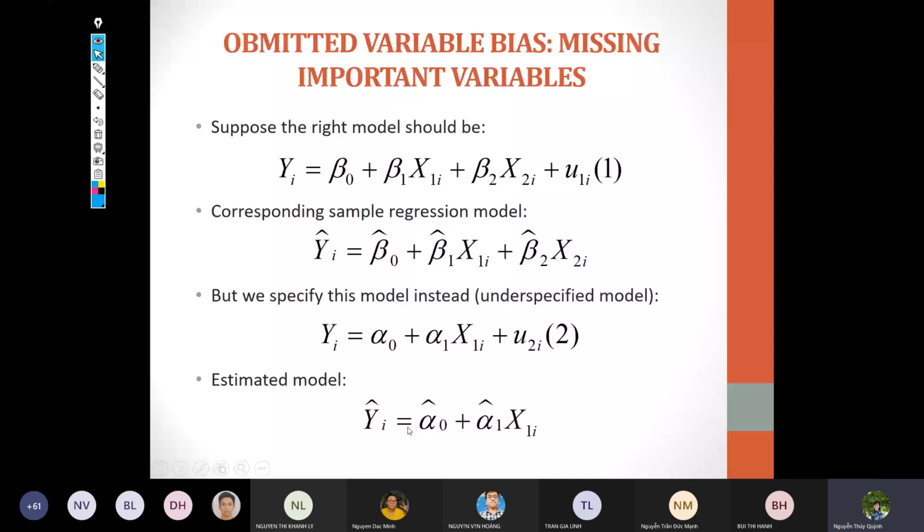So is alpha 1 hat the same as beta 1 hat?